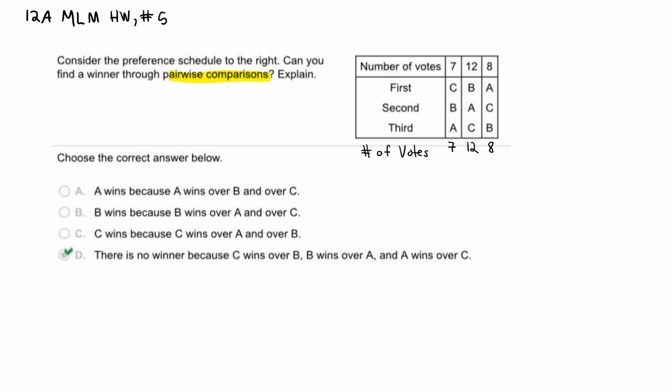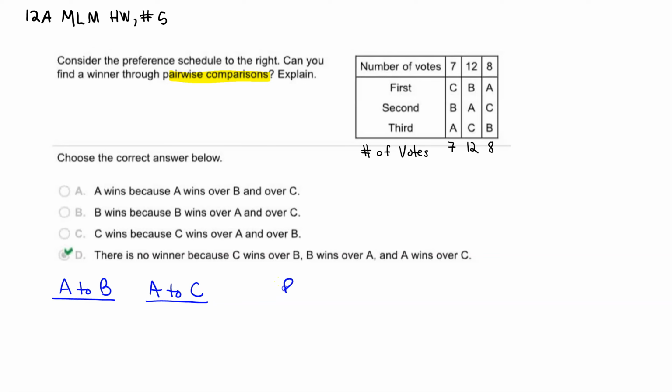So I went ahead and rewrote the number of votes at the bottom there, but the rest of this preference table is going to work the same way. So in our pairwise comparisons method, we need to systematically compare each candidate to every other candidate. So I'm going to compare candidate A to candidate B. Then I'm going to compare candidate A to candidate C. So that's one group of pairings.